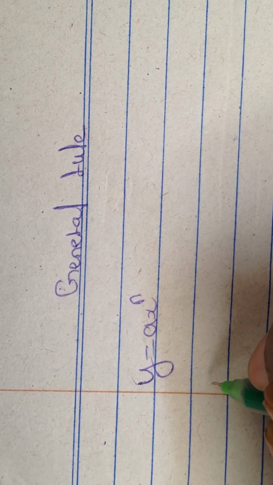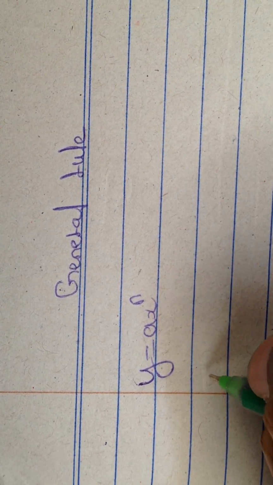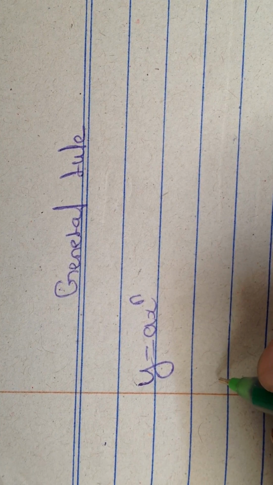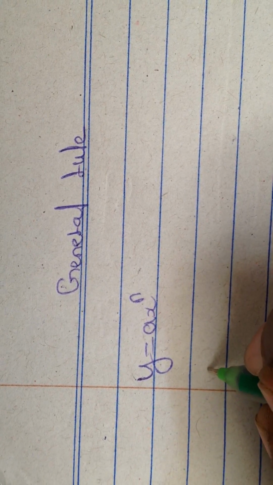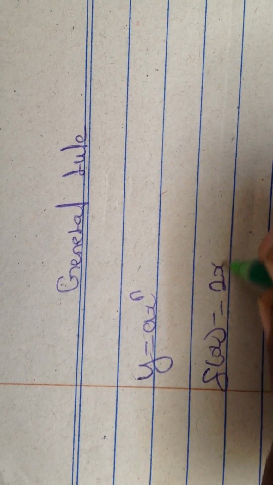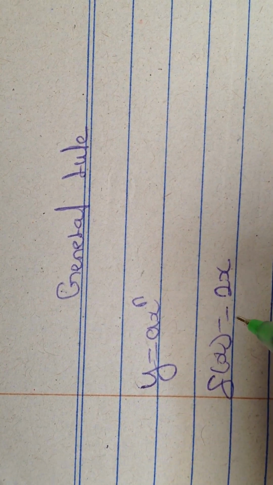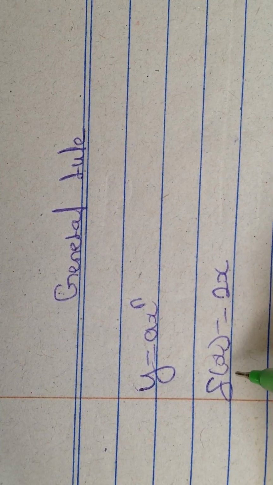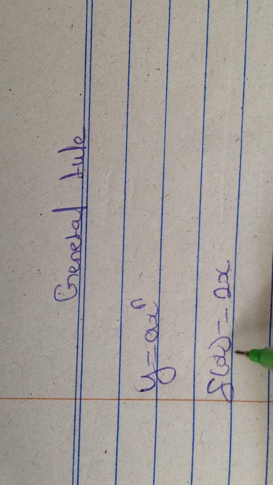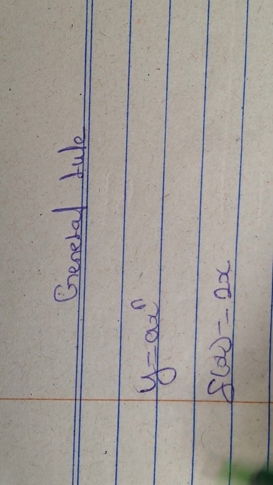In those examples we had, the first one, we were asked to differentiate using the first principle the given function f of x equals 2x. The formula we are using for differentiating emerged from this function.